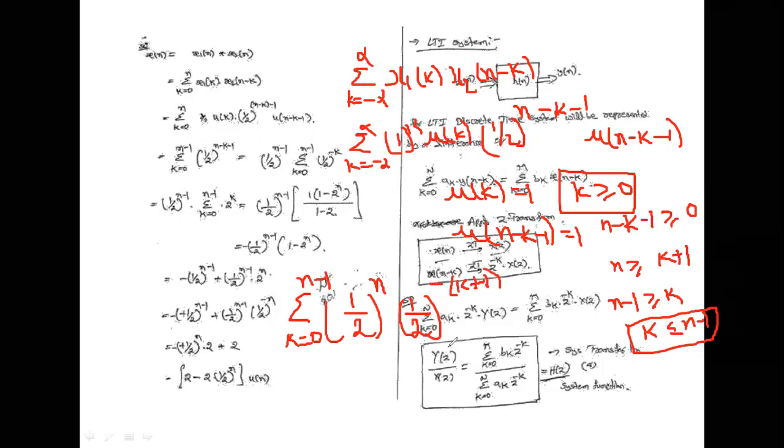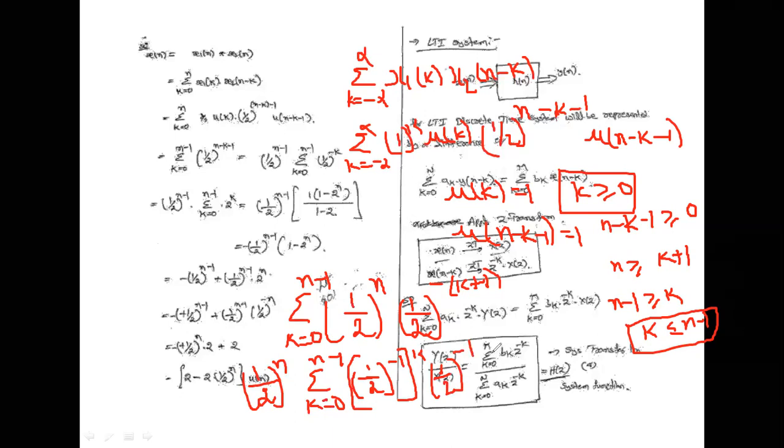That is equal to the sum of k equal to 0 to n minus 1. 1 by 2 is a common term here, 1 by 2 whole power n. And here it is 1 by 2 whole power minus k. So if I write this function as 1 by 2 whole power minus 1 whole power k, and 1 by 2 whole power minus 1.